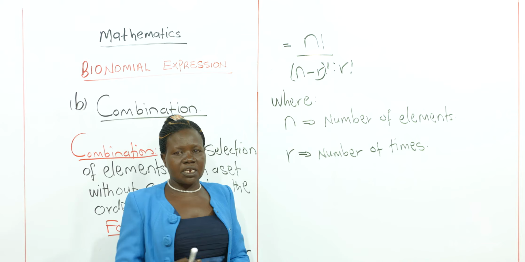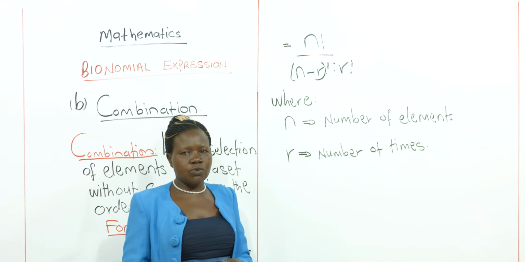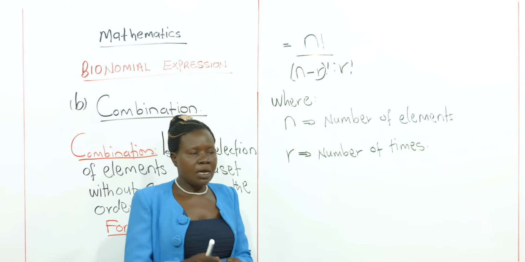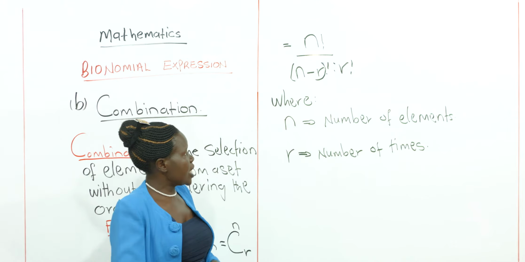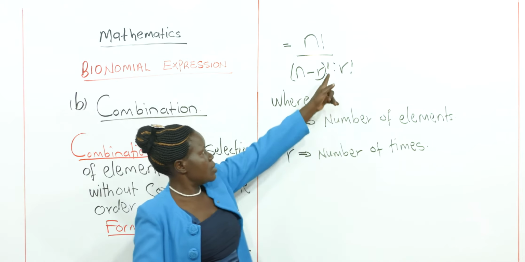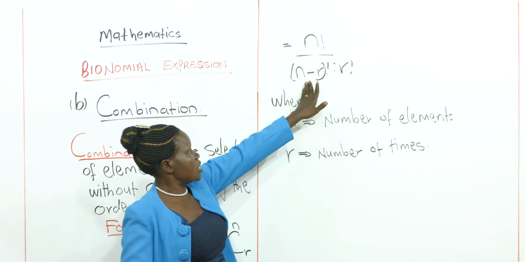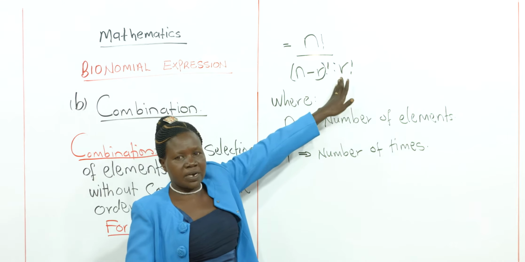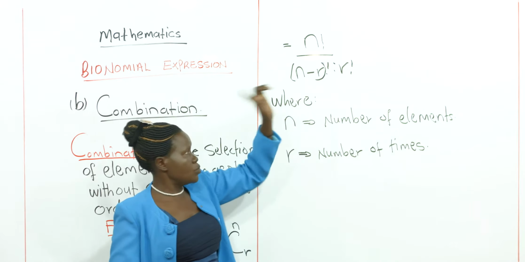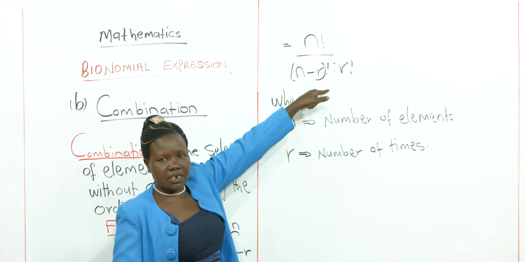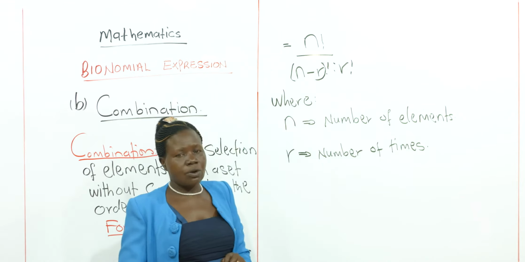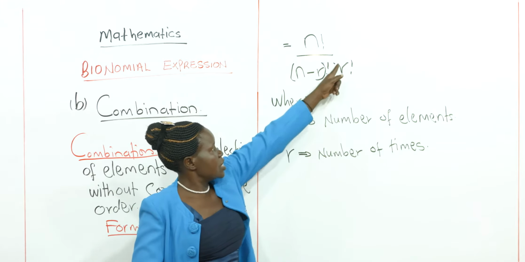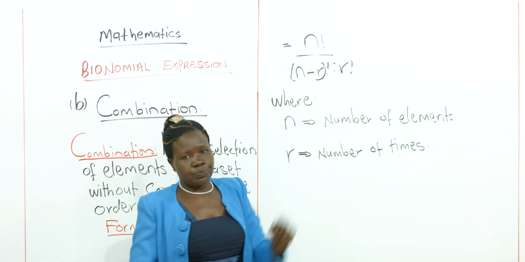What only makes a difference is that with the combination we use C, and with the permutation we use P. And looking at their formula, with the permutation we only get n minus r factorial, but with the combination we have n minus r factorial ratio to r factorial, where ratio means divide.